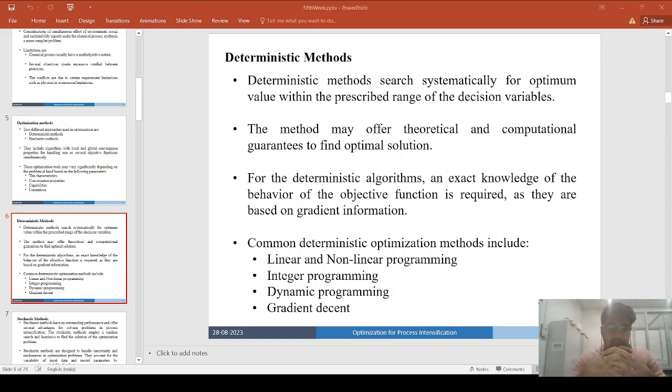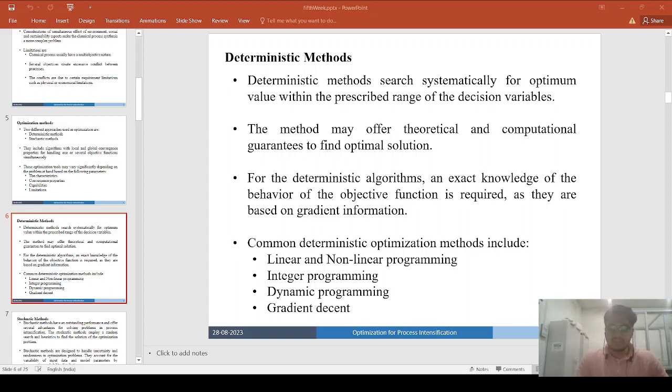So if you have exact knowledge of the behavior of the objective function of the system, for example the concentration, then you can simplify your computational model to save time and computational resources. Now, common deterministic optimization methods include linear and non-linear programming, integer programming, dynamic programming, and gradient descent. So these are some of the common deterministic optimization methods.